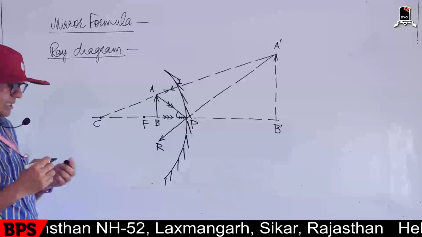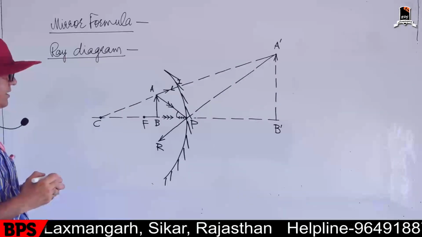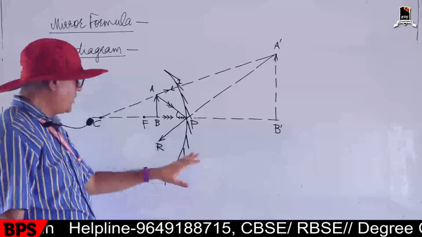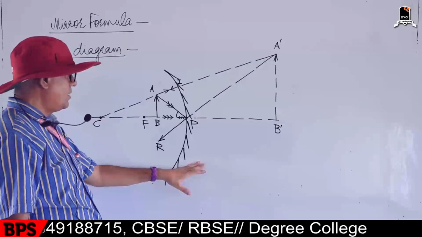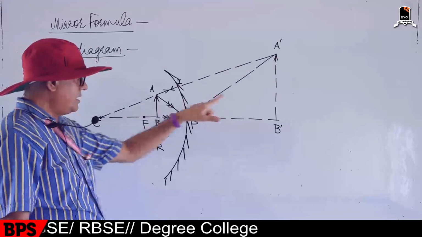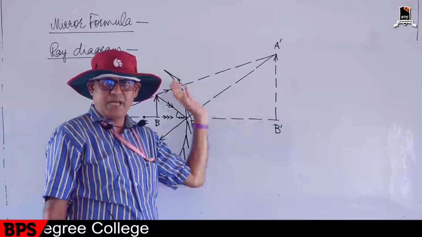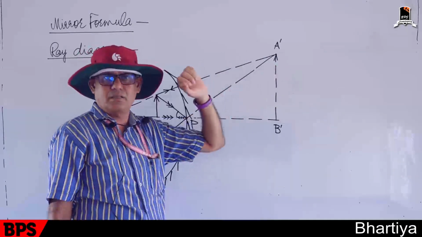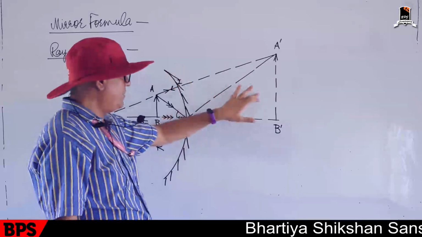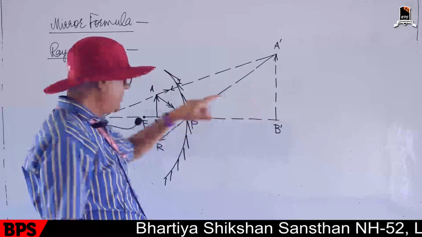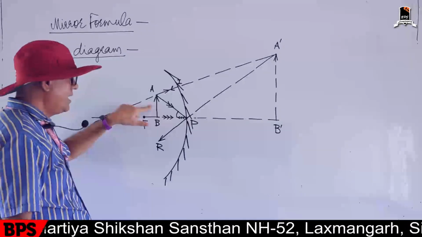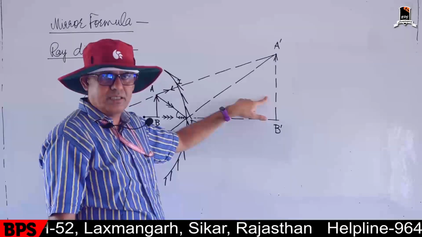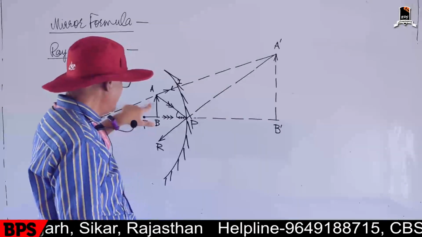So this will be the ray diagram needed in this case. We have taken again a concave mirror, but now this image is virtual, behind the mirror. Rays are not actually passing through this image, and this image is erect with respect to this object, and this image is enlarged now. It is larger in size than the object.